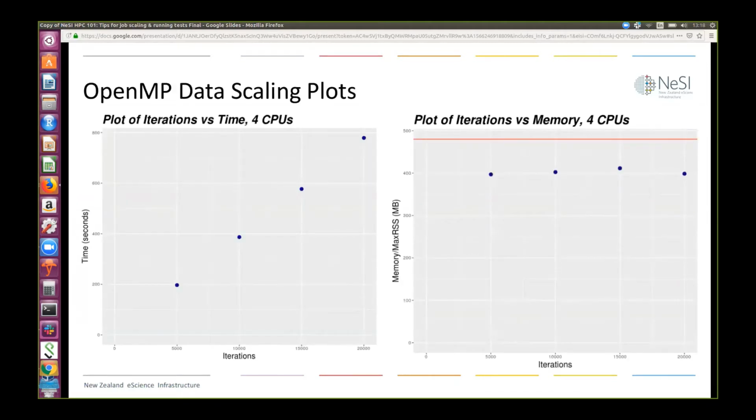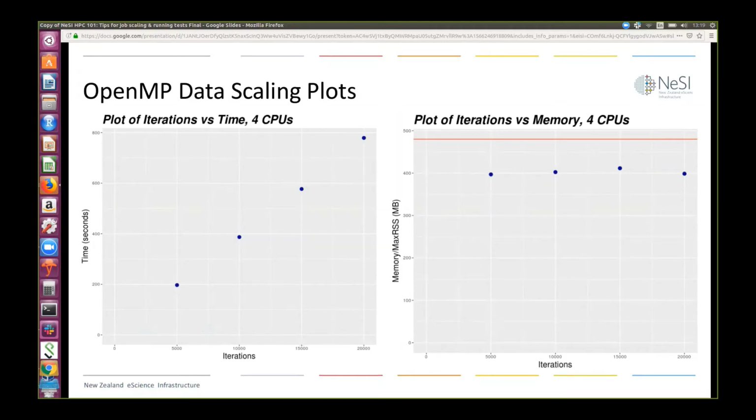This is the plot of the sacct outputs for these 4 iteration counts: 5,000, 10,000, 15,000, and 20,000 iterations. Let's look at the plot on the right first. We have a plot of iterations versus the memory, for 4 CPUs.